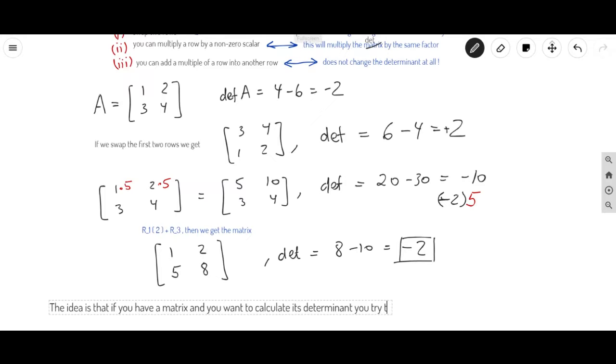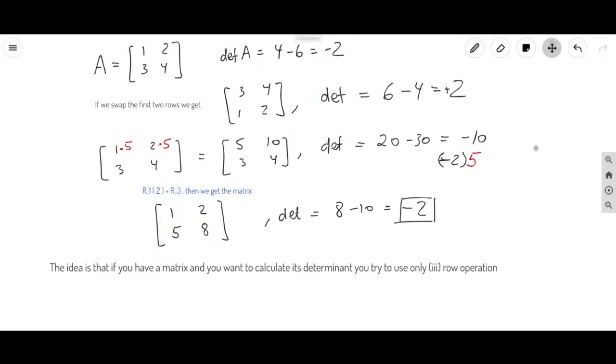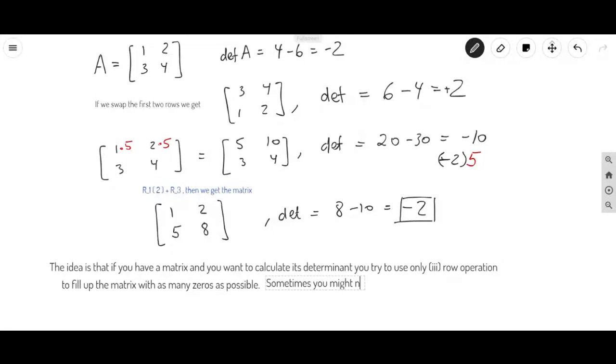You try to use only the third row operation to fill up the matrix with as many zeros as possible, because we know that the more zeros you have in the matrix, the easier it is to find the determinant. And then sometimes you might need to use the first one to flip rows.